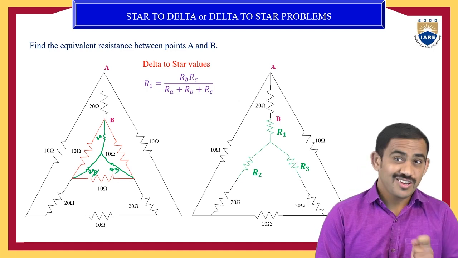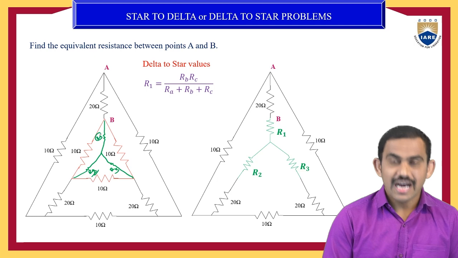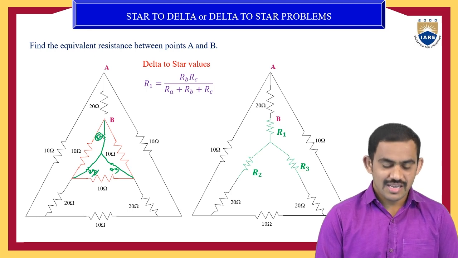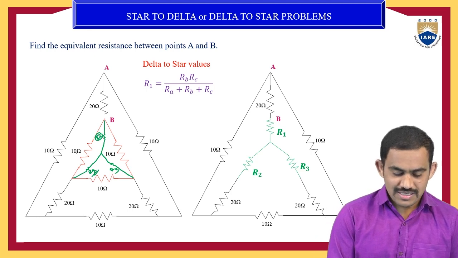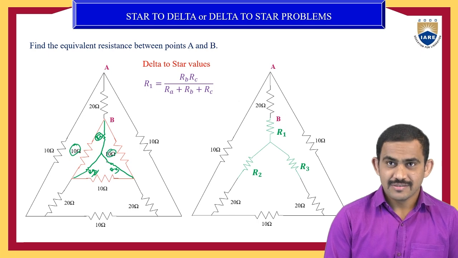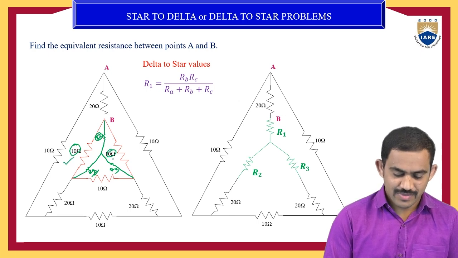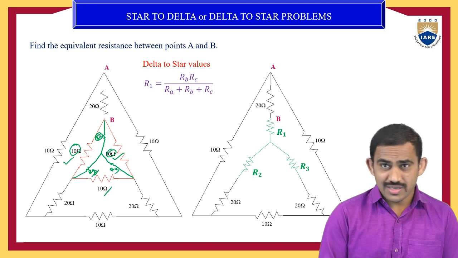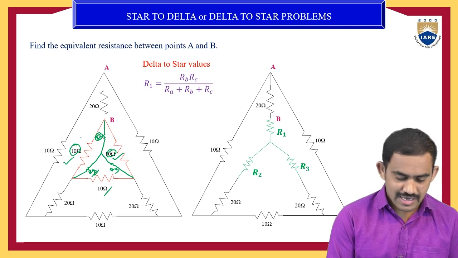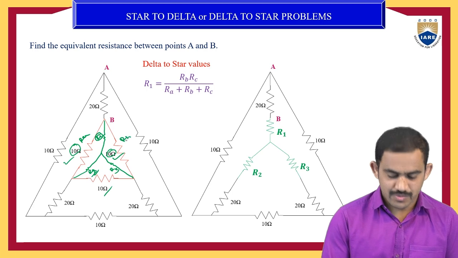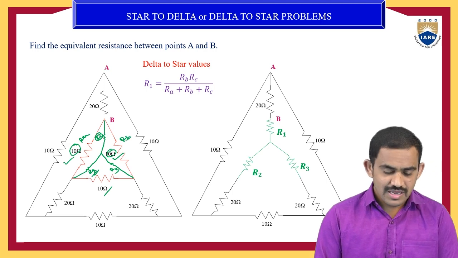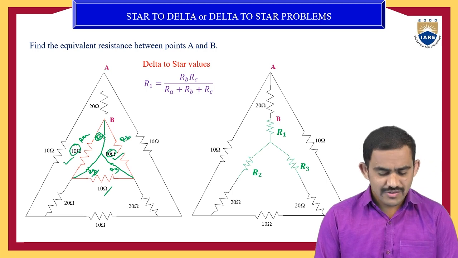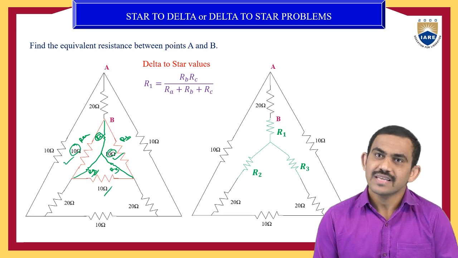Now, the logic is, if you want R1 value, delta to star, I require R1 value. That means 10 into 10 by 10 plus 10 plus 10. So both opposite resistors, 10, 10. If you use RA, RB, I require R1. So that means RA into RB by your total resistance, RA plus RB plus RC.